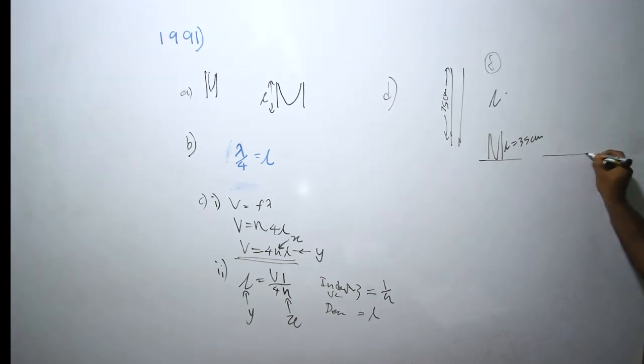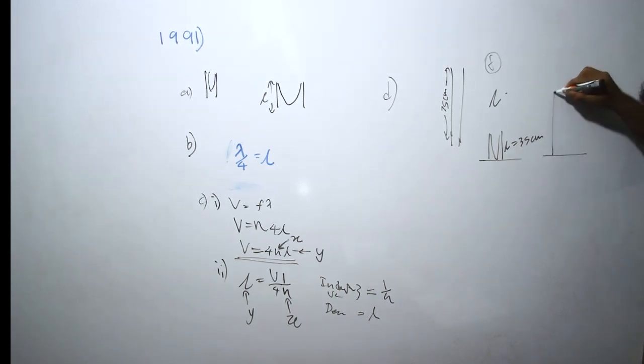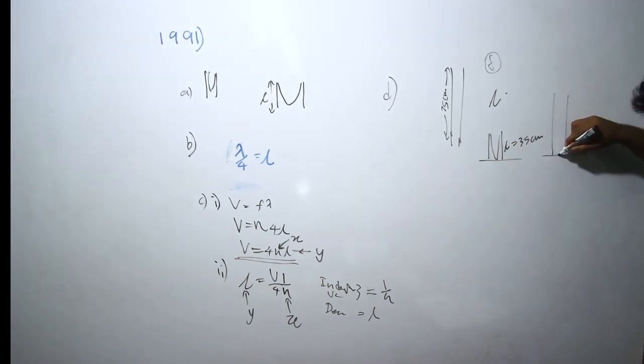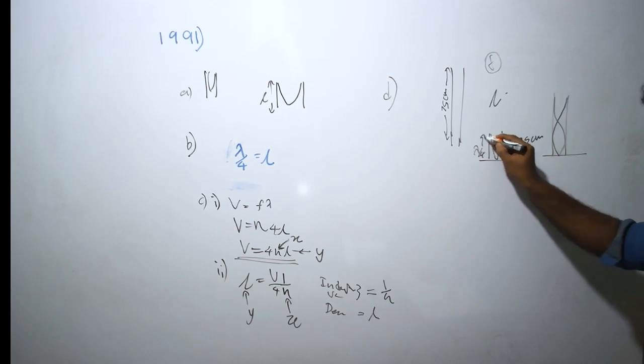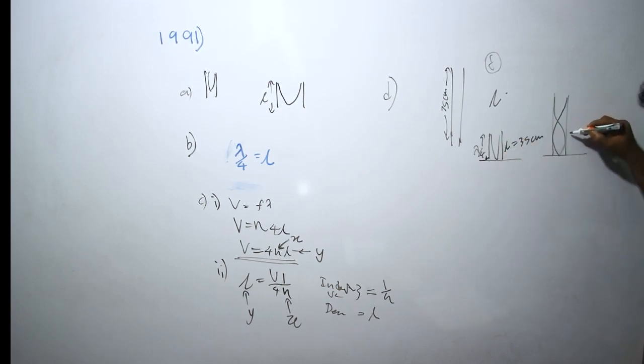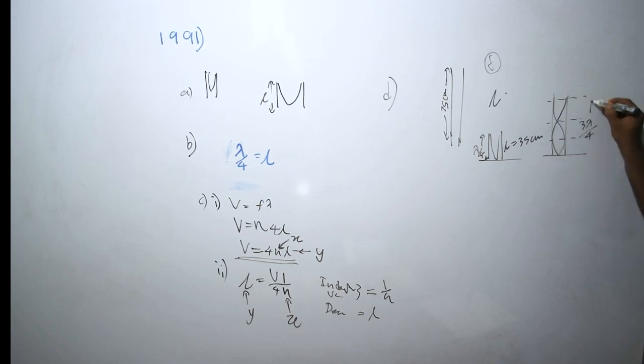So what's the thing? Another resonance length is like this, right? In order to make this wave pattern, here you only need lambda over 4 length, and here you need 3 lambda over 4. Lambda over 4, lambda over 4, lambda over 4. So you need 3 lambda over 4 length.